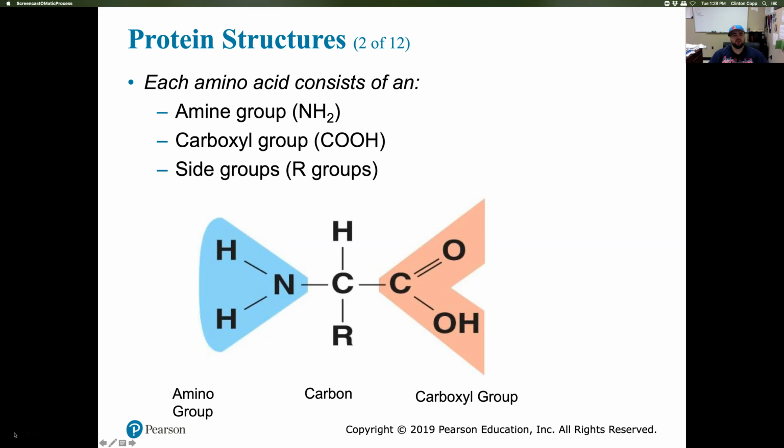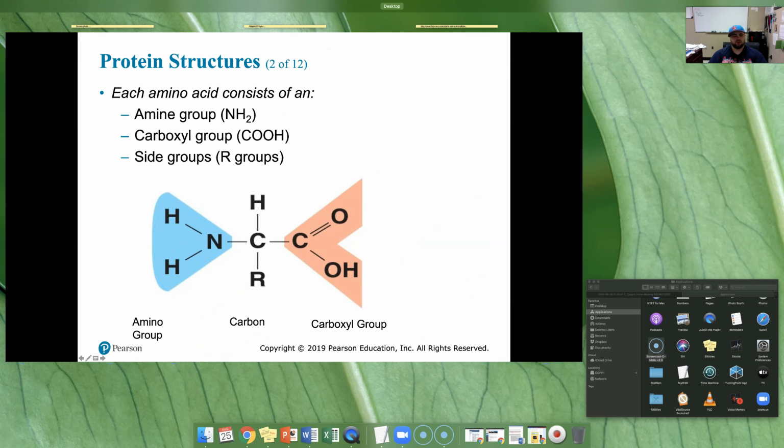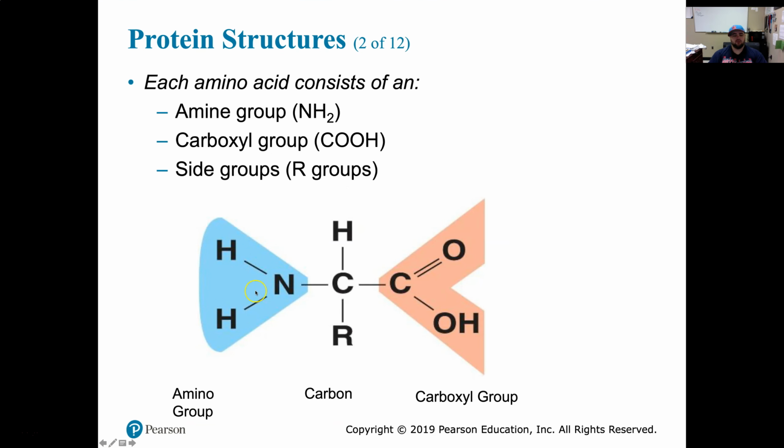The protein structure of an amino acid, right, the monomer, has this general structure. An amino group on the left side, a central carbon, and then a carboxyl group on the right side. Also, you'll have a hydrogen attached to the carbon, and then an R group attached to the other side of the carbon.